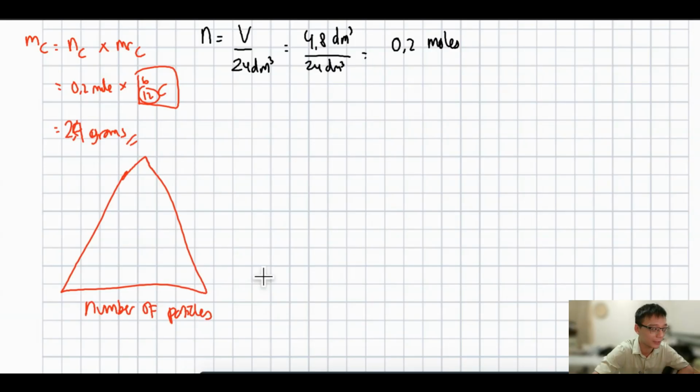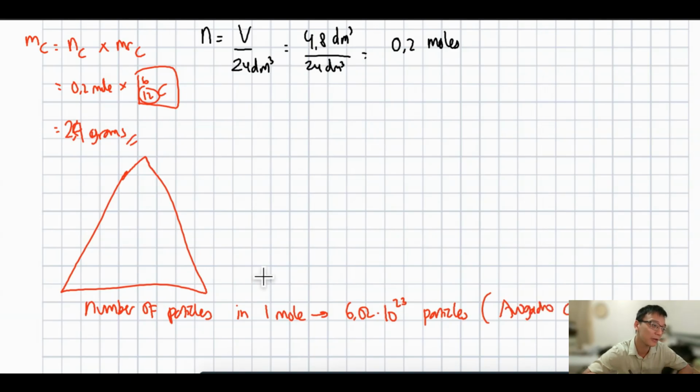That's why we use the mole, right? So the mole is also a very nice version of the number of particles because it simplifies the calculation. The number of particles in 1 mole is exactly 6.02 × 10^23 particles.